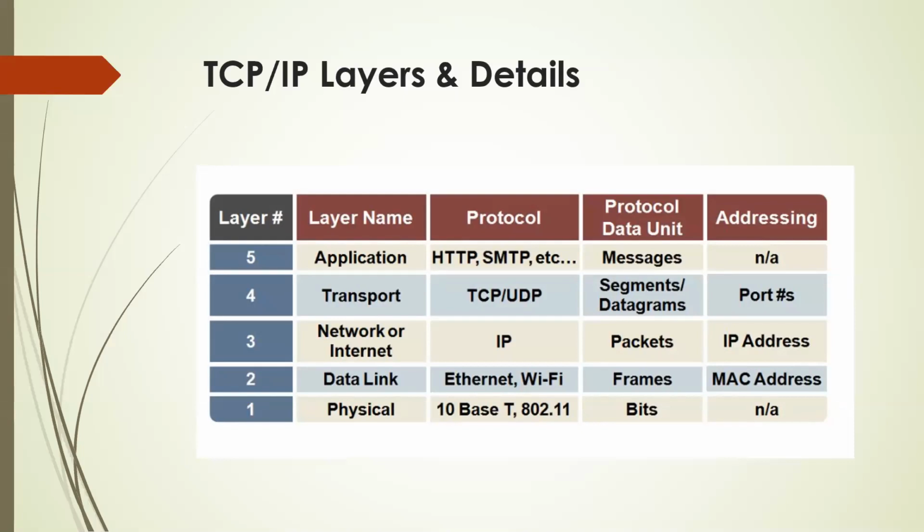Network or internet layer, IP. Transport, TCP and UDP protocols. Application layer, the protocols used are HTTP and SMTP, and the protocol data unit is messages. Addressing is not applied in the case of application protocols. Here you find applications only.